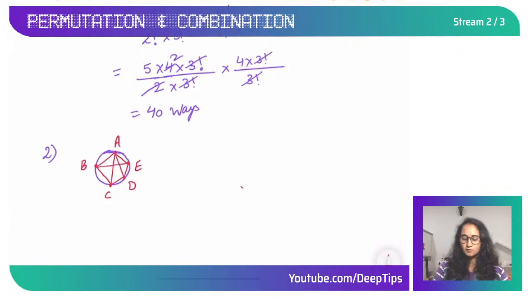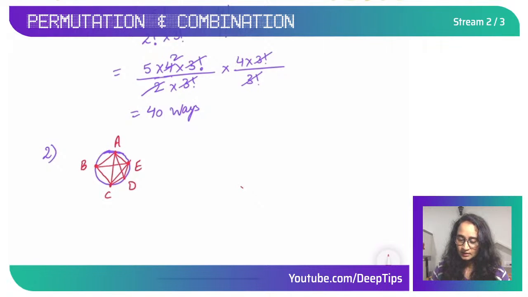Like this, the figure will get complex gradually. So it is really difficult to draw and count all these chords, because in this case I have just taken 5 points. But suppose they say 20 points are marked on the circle, and ask how many chords can be drawn. In that type of question, it's best to use the formula rather than drawing a circle and finding the chords, because that wastes a lot of time.